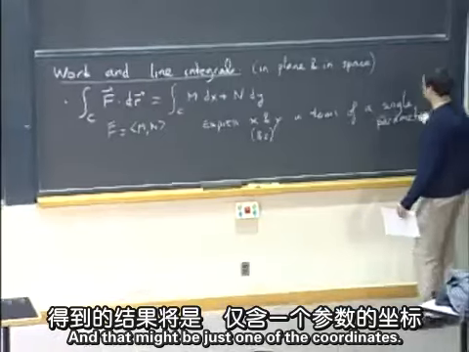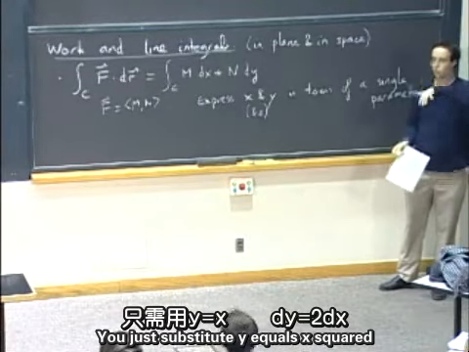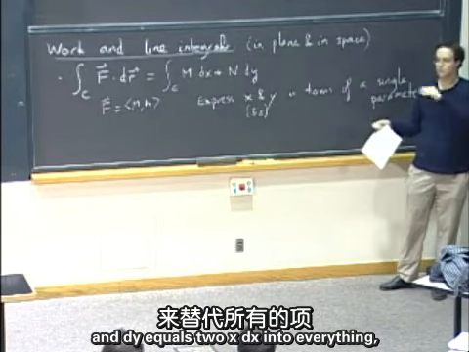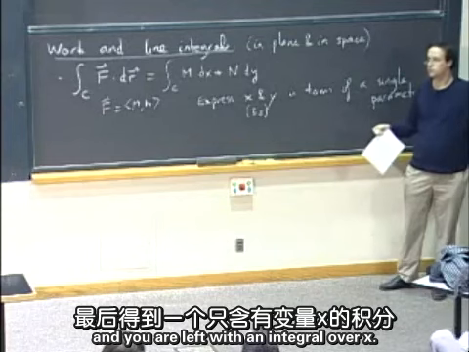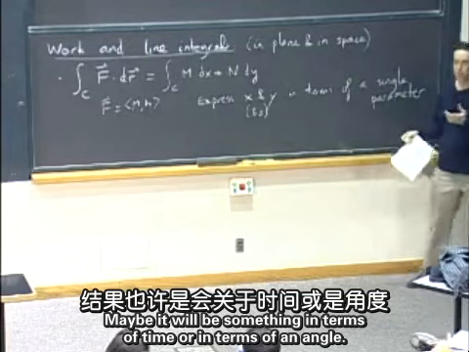And that might be just one of the coordinates. If you're told y equals x squared, that's easy. You just substitute y equals x squared and dy equals 2x dx into everything, and you're left with an integral over x. Maybe it will be something in terms of time or in terms of an angle.